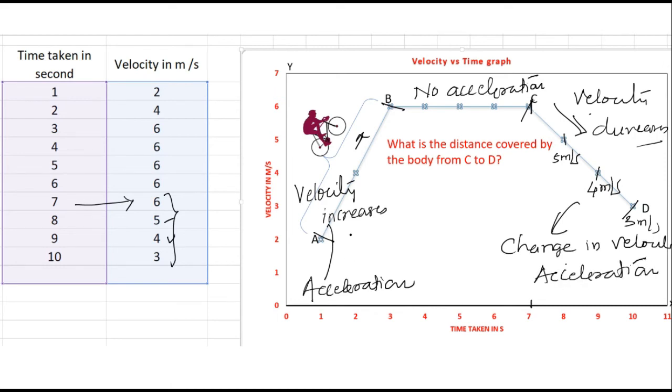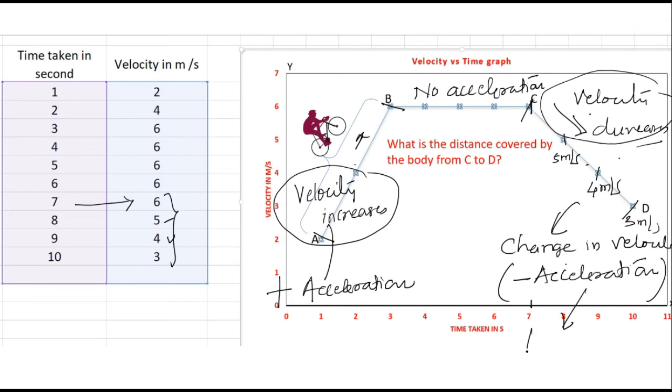Then what is the difference between this acceleration and this acceleration? Here velocity changes and here also velocity changes. The only difference is here velocity increases, whereas here velocity decreases. So if you find velocity increases, then it's a positive acceleration, right? And if you see velocity is decreasing, then it's a negative acceleration.